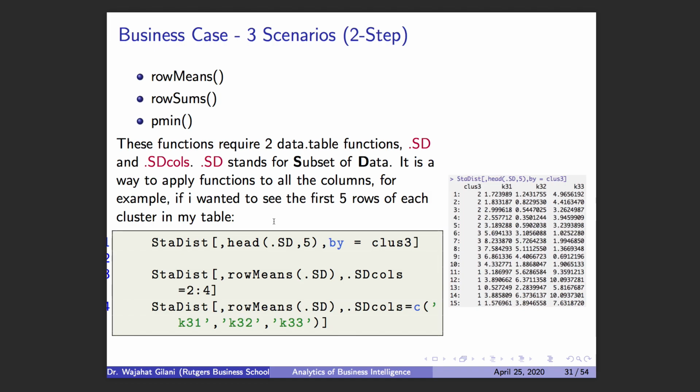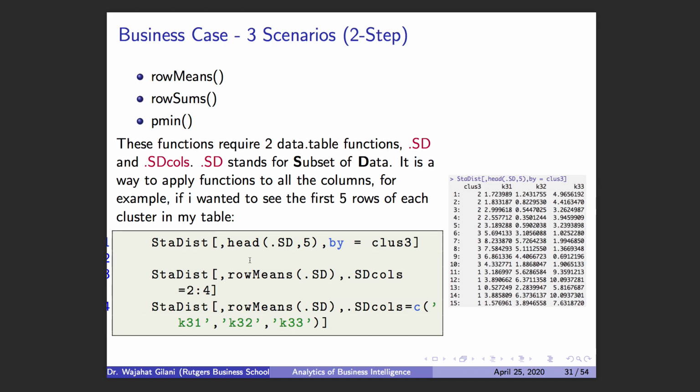Okay. Same way, if I want to apply one of these row-wise functions, let's take row means, going across the row to maybe not all the columns, but a subset of the columns, that's when I'll use .SD. But now I'm going to add a comma and use the .SDcols property along with the .SD.